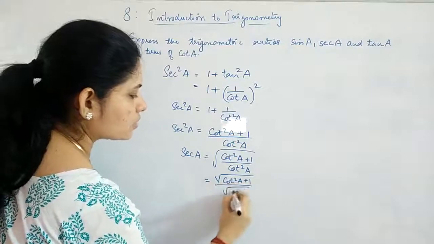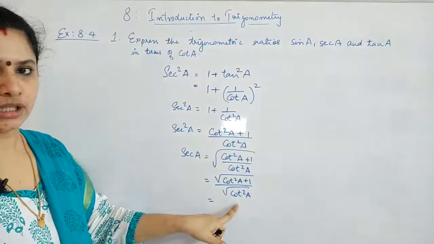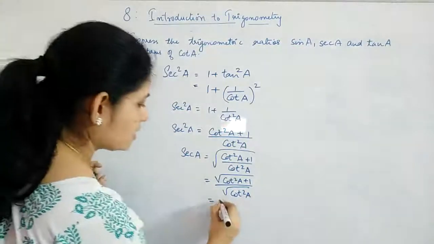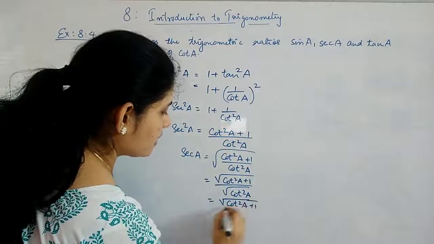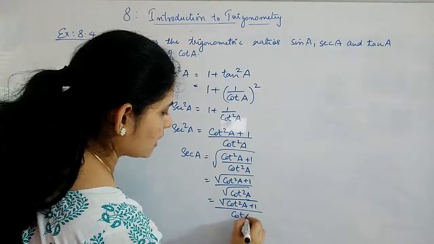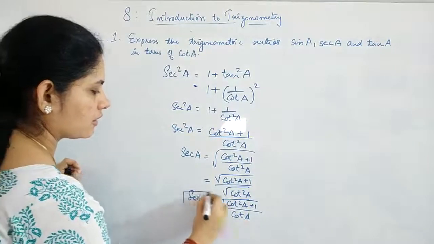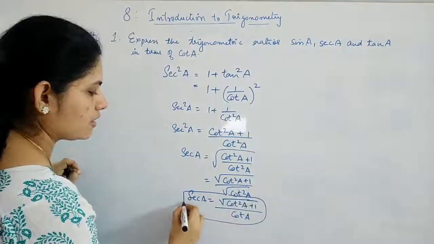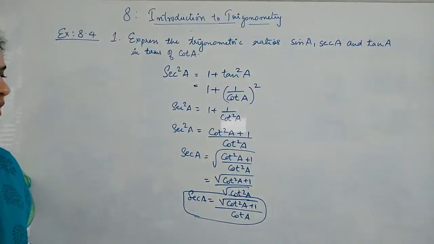What you will get is root of cot square A in the denominator, and this will give you cot A only. So your answer becomes root of cot square A plus 1 divided by cot A, which is your sec A. Clear? So sec A is root of cot square A plus 1 divided by cot A.